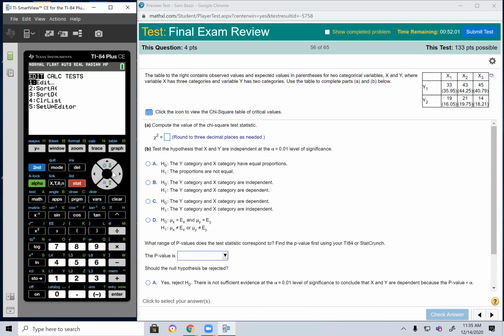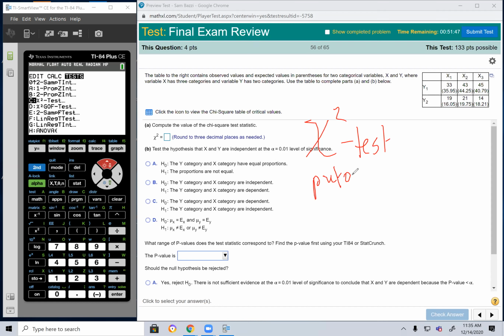And now go to stat, tests, scroll up. It is chi-square test. And put observed values in a matrix.